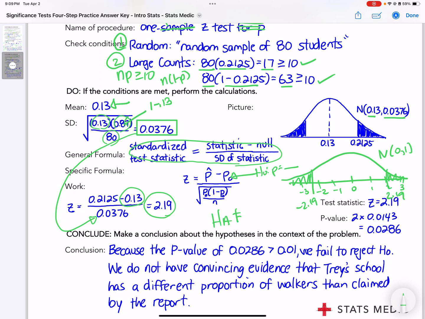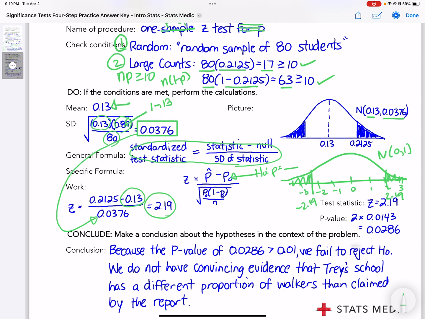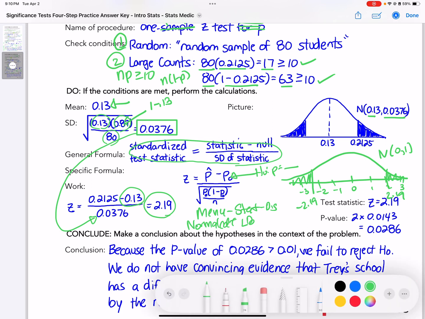Now I'm going to have to find the p-value. In order to find the p-value, you're going to do normal CDF. We did t CDF on the other one, but this is normal CDF because it's finding a z. So that's menu, stat, distribution, normal CDF. When I do this, it's only going to do one side of it.